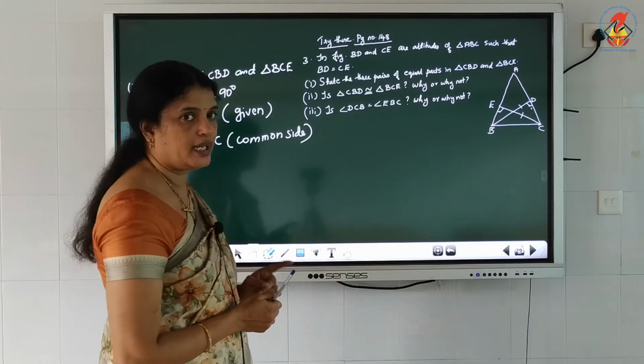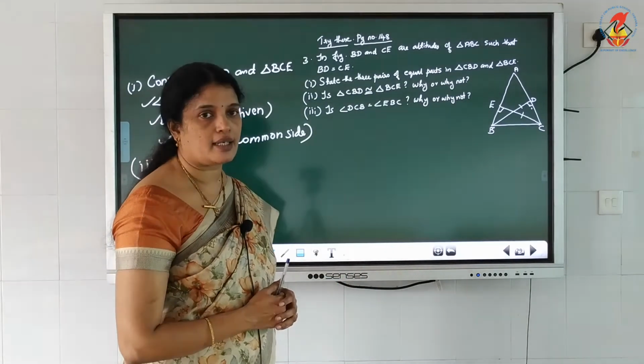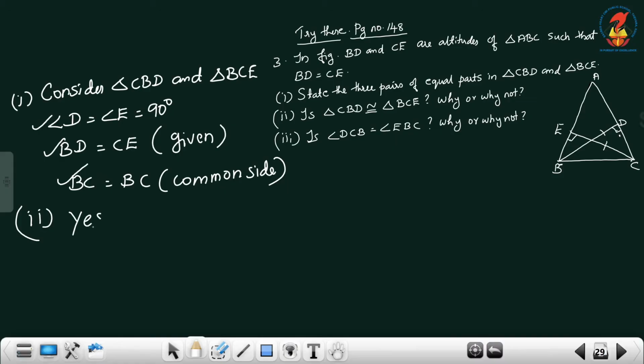For one side and hypotenuse equal, definitely you can write it, these two right angle triangles are congruent. Yes, triangle CBD congruent to triangle BCE. Reason, RHS congruence criteria.